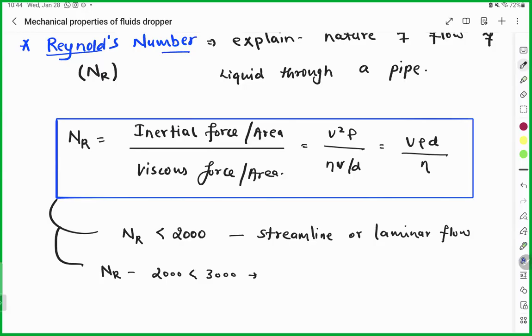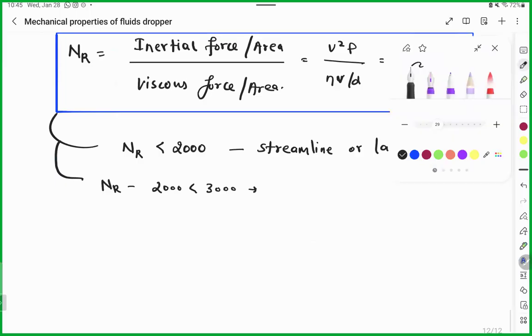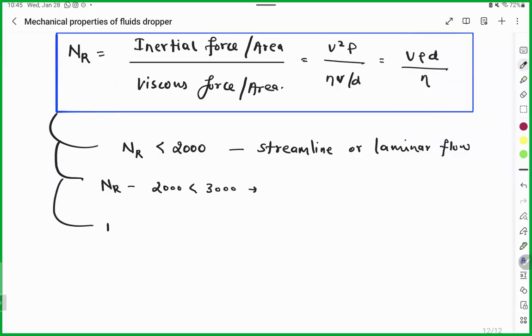Yes, guys. So if your Reynolds number is less than 2000, it is proper streamline and laminar flow. If it is more than 2000 and less than 3000, in this case flow of liquid is unstable and it is changing from streamline to turbulent, like in between. If it is more than 3000, then it will be proper turbulent flow.